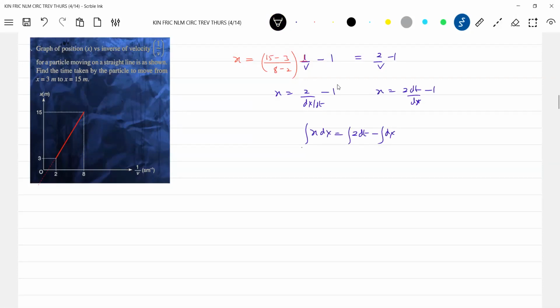Okay, integrate this, from 3 to 15 and 0 to t. What is the value of t? 60 seconds is given, check once. 60 only, sir. 60 only, yeah.